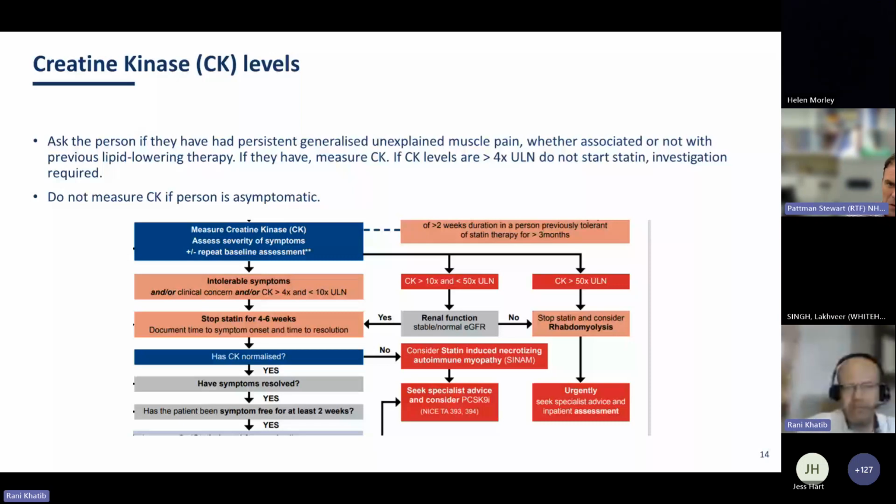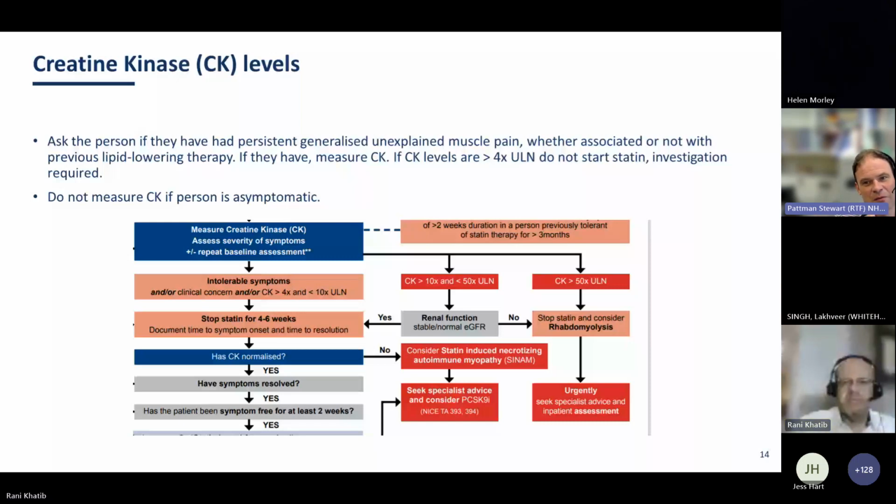No, I think the one other thing that ties in nicely with hypothyroidism is that hypothyroidism can give you high CKs as well. So I think it's always a difficult one, as soon as you do a blood test, you're potentially opening a lot of questions.